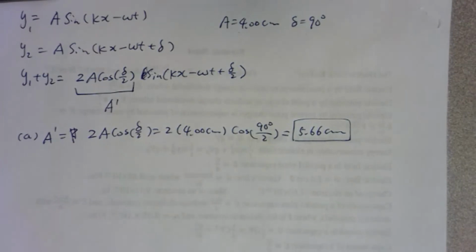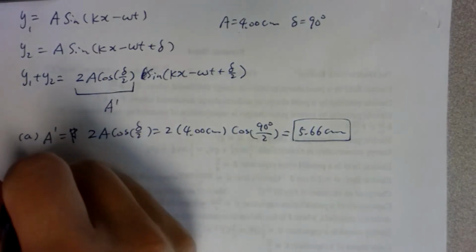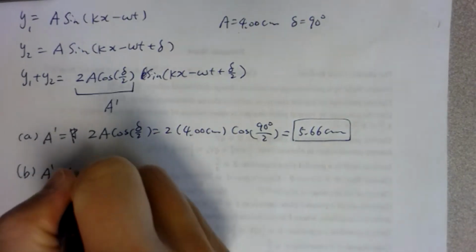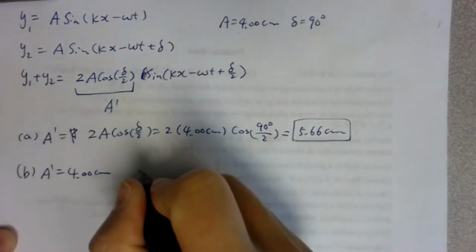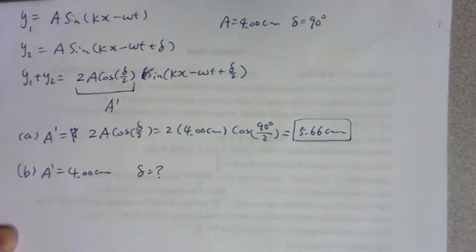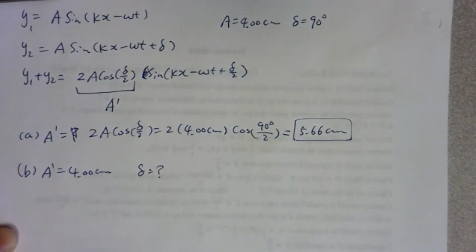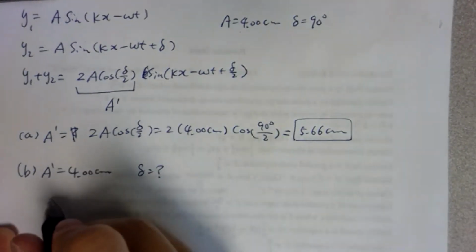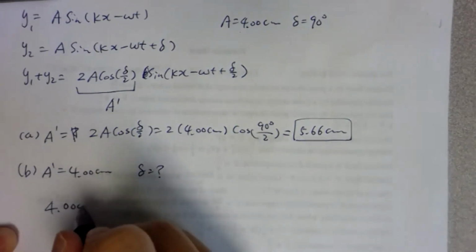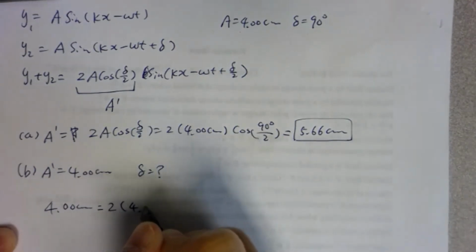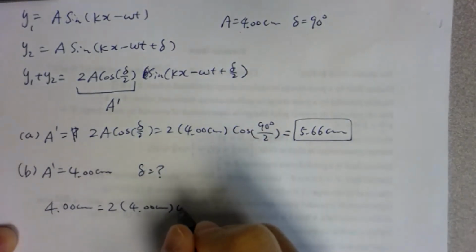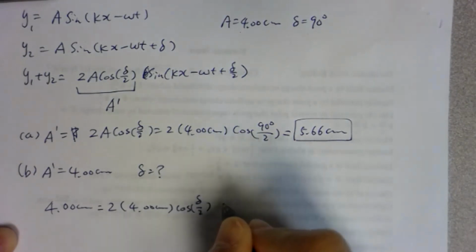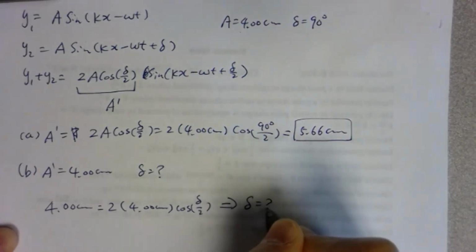Part B is asking for what phase difference will make the resultant amplitude equal to 4. So if my A prime is still 4 centimeters, then what will be delta? So you set up 4 centimeters equal to twice the original 4 times cosine of delta over 2, and solve for delta.